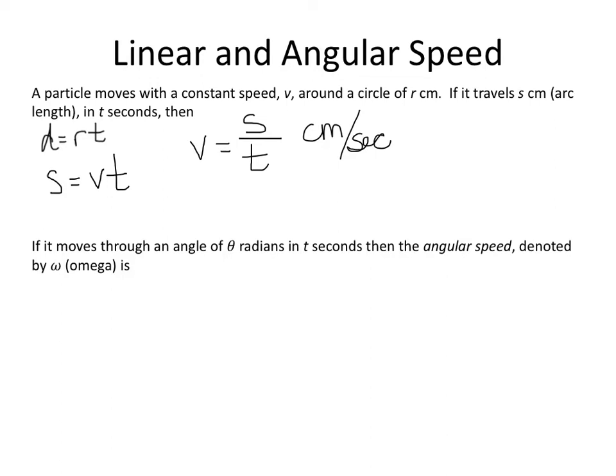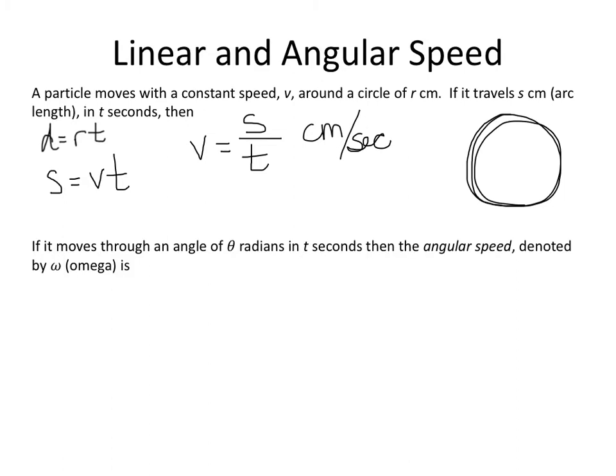Angular speed is a little bit different because it's saying that we're moving through an angle of theta radians. So now we're still traveling in a circle, but instead of measuring the distance around the circle, the speed that we're traveling around this circle, think of it more like the hands of a clock. How quickly are those hands rotating through a particular angle?